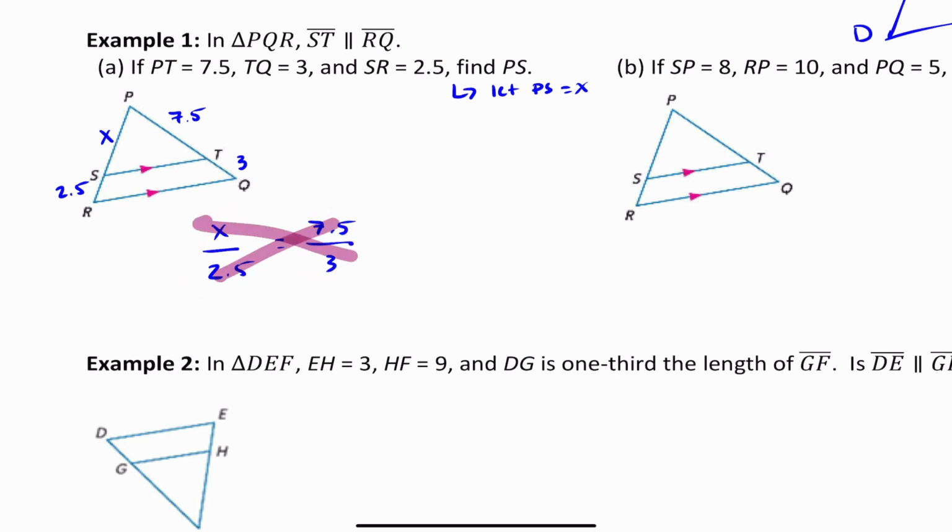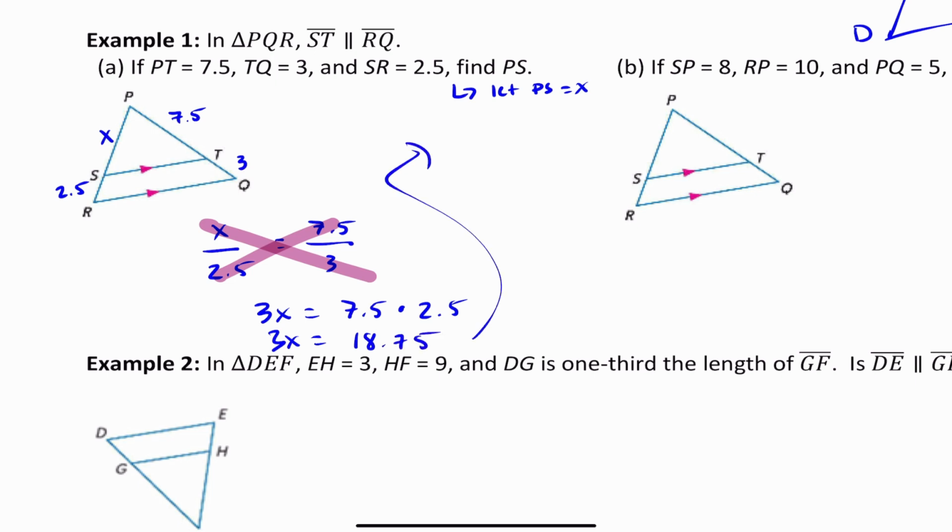So, cross multiply, you get 3x equals 7.5 times 2.5, and 3x is equal to 18.75, and then if I divide both sides by 3, x is 6.25. Since we called PS x, and x is 6.25, then we can safely say that PS, the segment itself, is 6.25. And that is your answer. Okay?